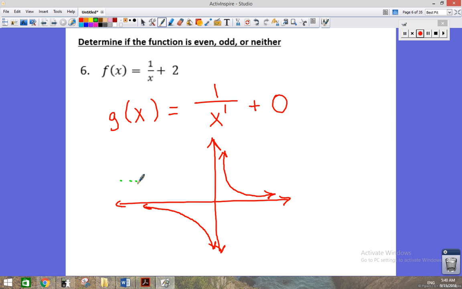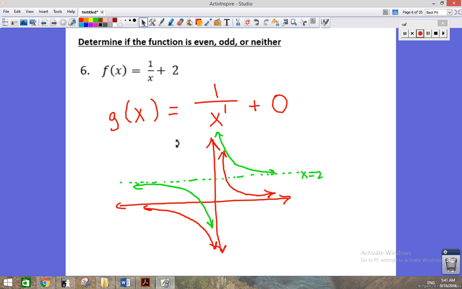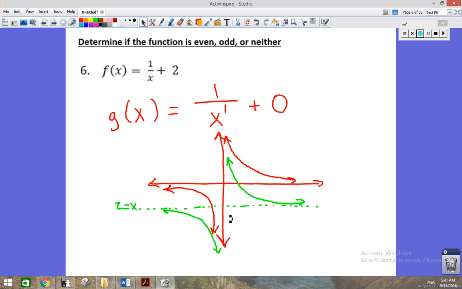Then this x-axis, where this graph doesn't touch it, this portion of the graph would be lifted up to there, and this portion of the graph would be lifted up to there. Okay, so when I rotate this 180 degrees, this line is 2 units above the x-axis. When I rotate this 180 degrees, that line is now 2 units below.